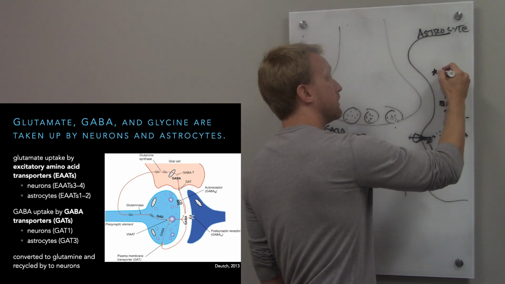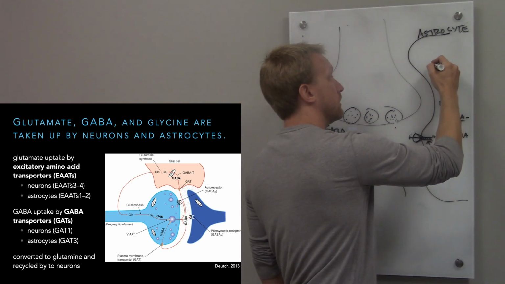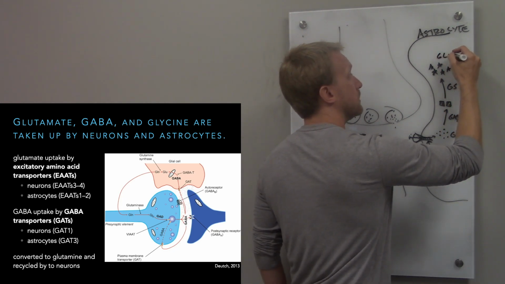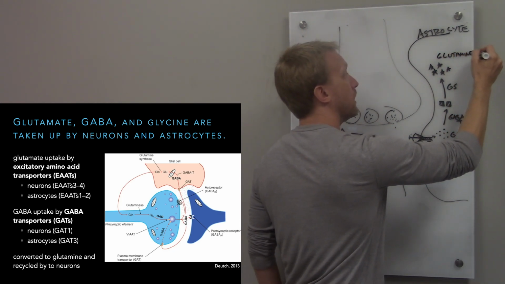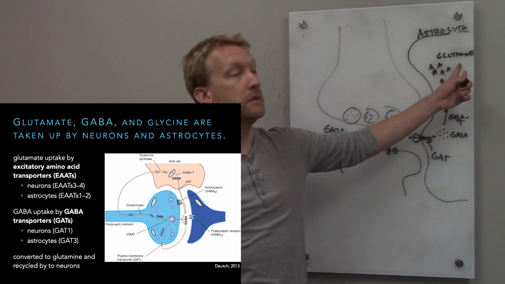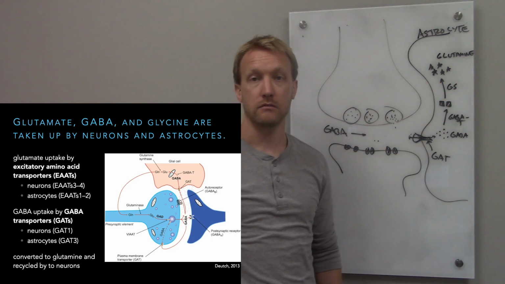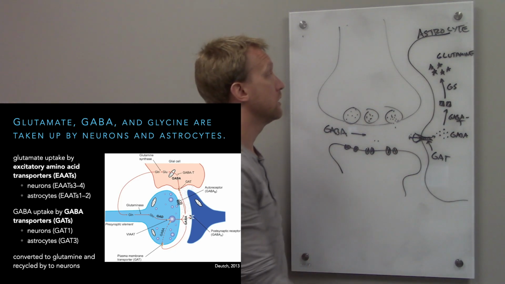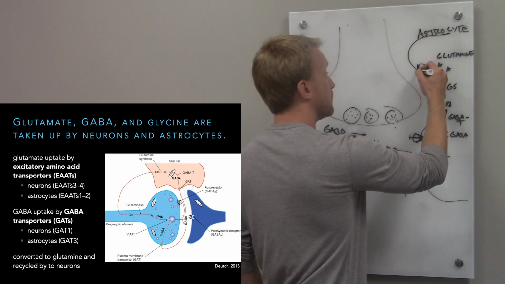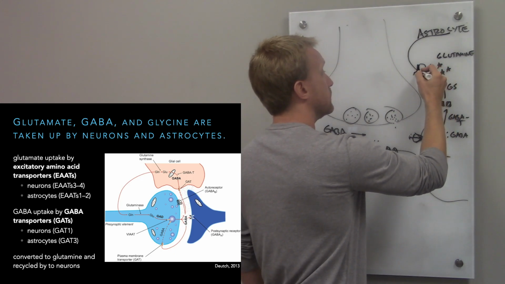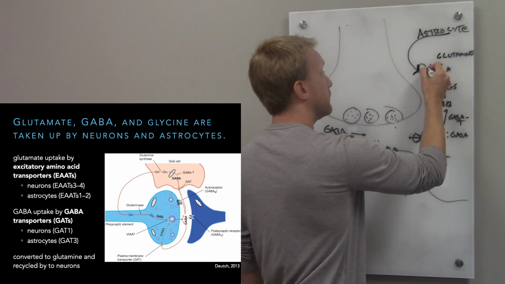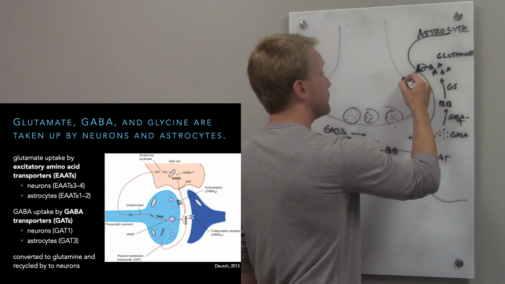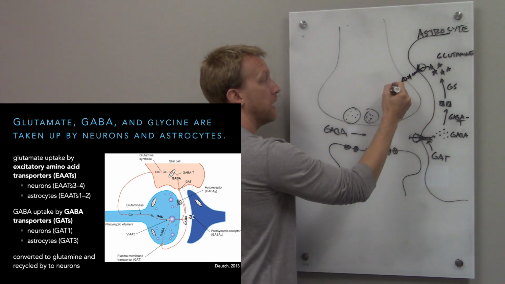And now we've got a different amino acid, in this case glutamine, but guess what? We don't use glutamine as a neurotransmitter. So we can spit that out all day. So let's get another transporter. So we've got this amino acid transporter here that spits glutamine out, and then another transporter on the neuron to take it back in.